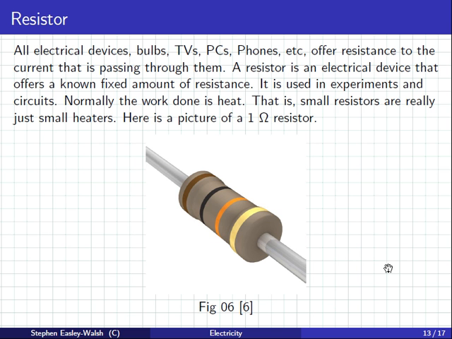Here's a picture of a 1 ohm resistor. These little guys are called resistors, and their only job really is to have resistance. The way they make this resistance is by making heat, but the heat is so small you can't really feel it with your hand. So they're basically fixed resistance in your circuit, and it's sometimes necessary to add these to your circuits.